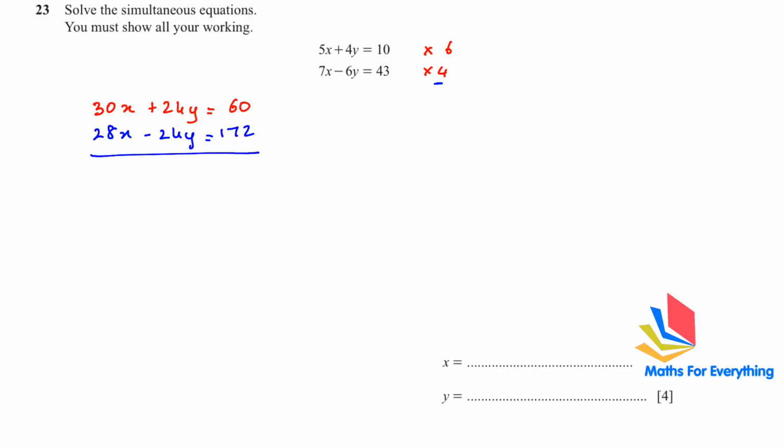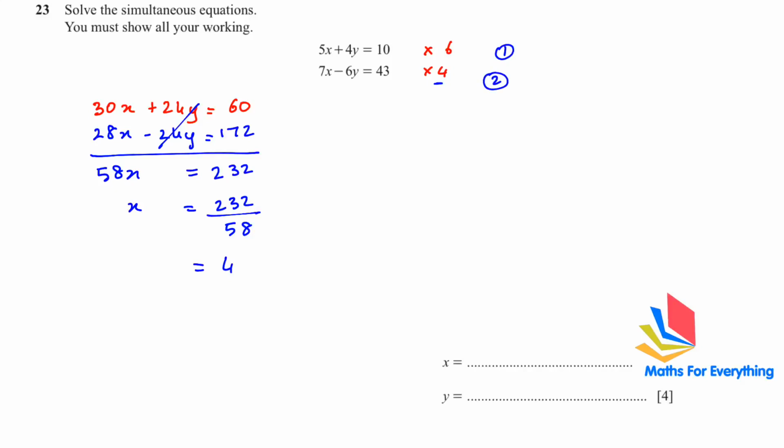So 30 plus 28 is 58x, plus 24y and minus 24y will get cancelled, and we will get 232. x is equal to 232 divided by 58, which is 4. This is equation 1 and 2.